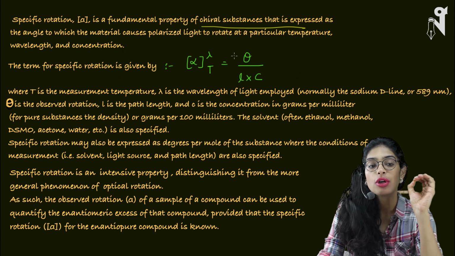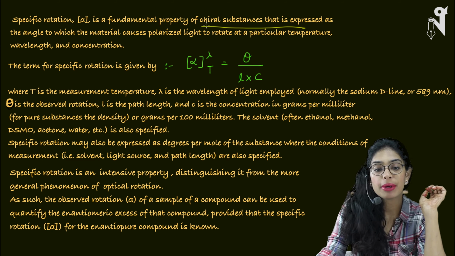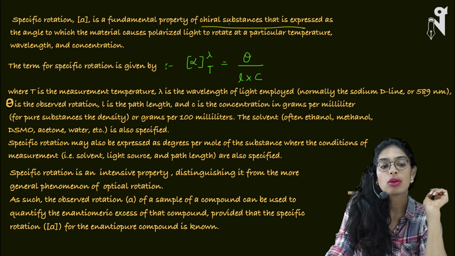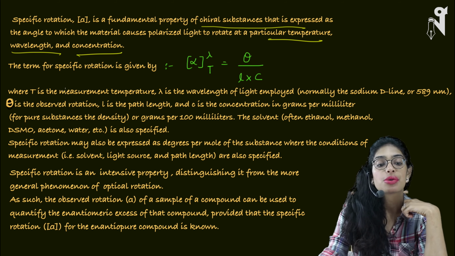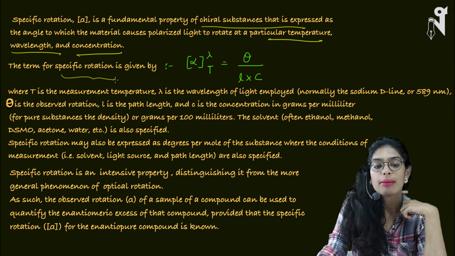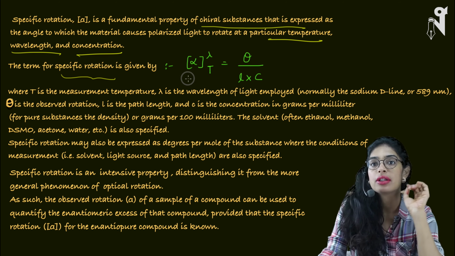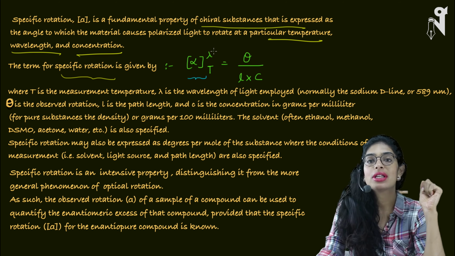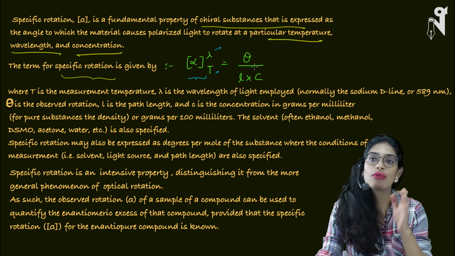It is a property of chiral compounds and it is fixed at a particular temperature and particular wavelength and concentration. Okay, so how am I going to represent it? It is represented by alpha, where lambda and t tell that it is a fixed value for a particular wavelength and particular temperature. So basically we are calculating the alpha at a fixed wavelength and fixed temperature.